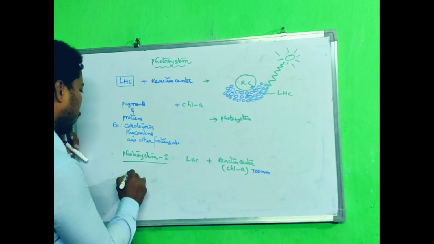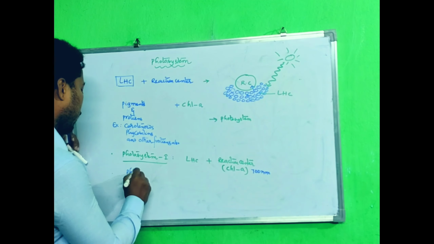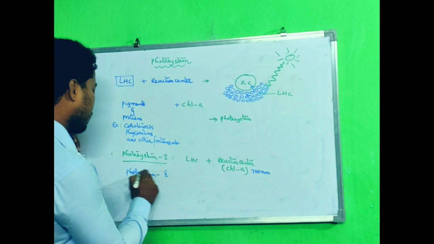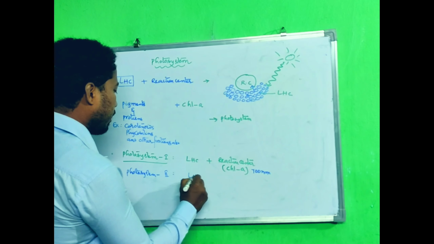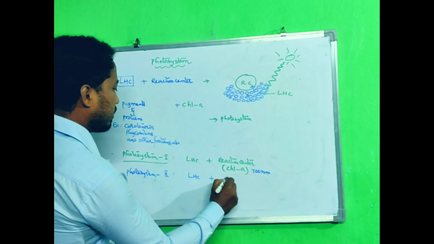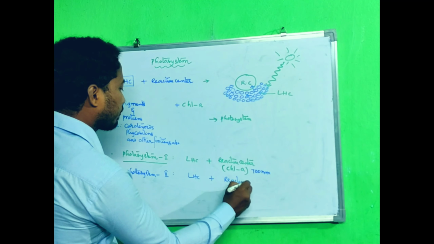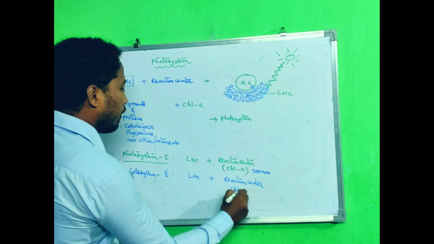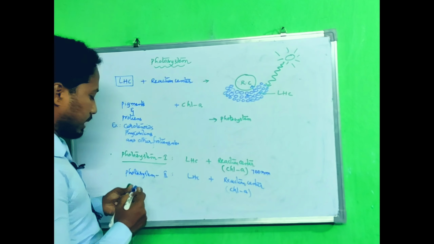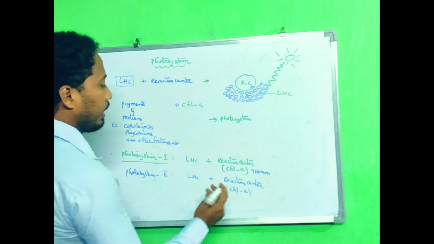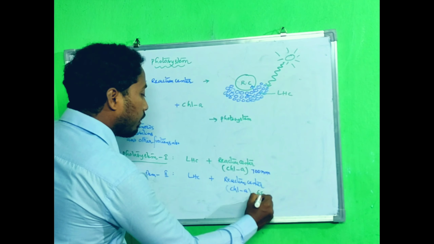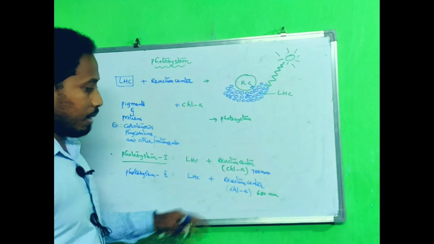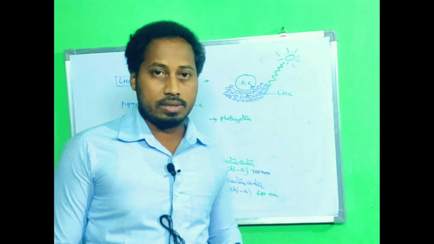Secondly, photosystem 2: same light harvesting complex plus reaction center. The reaction center is occupied by chlorophyll A, but the wavelength is 680 nanometers.